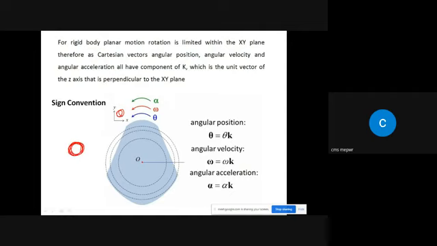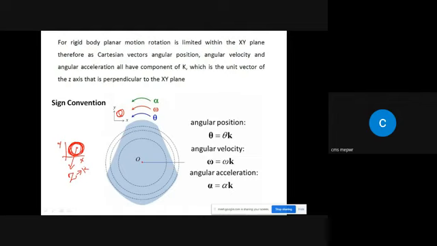So by the right hand rule, as you have said, the direction will be perpendicular to the plane. If this is xy, then perpendicular to the plane will be the z direction, and the unit vector along that direction is k.